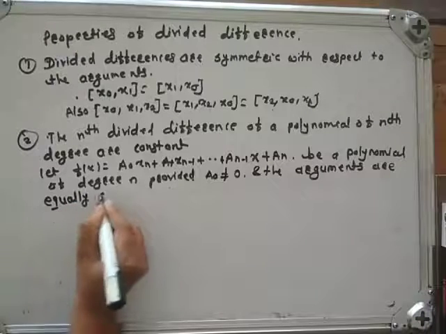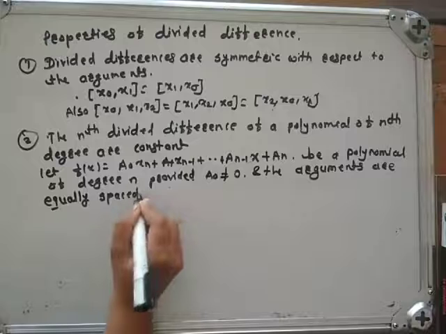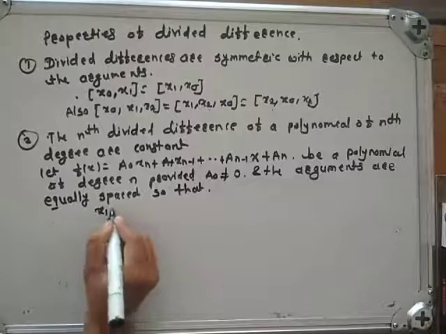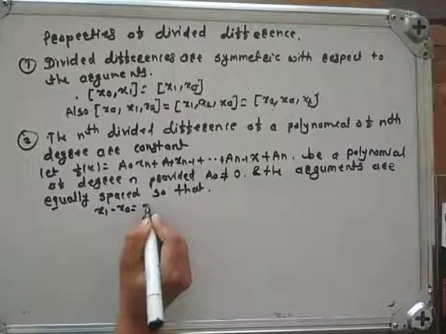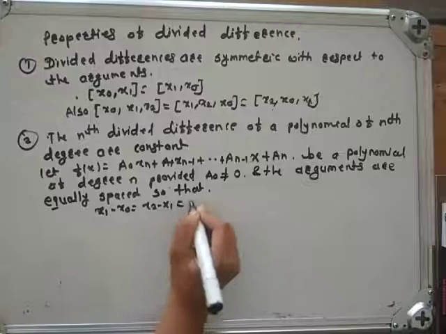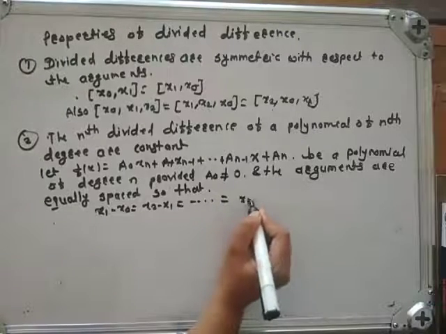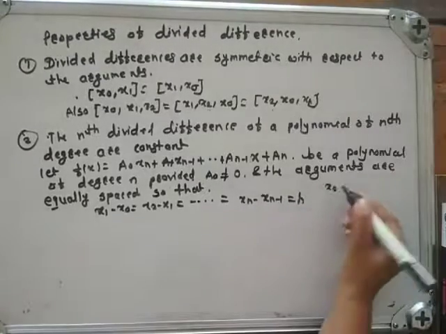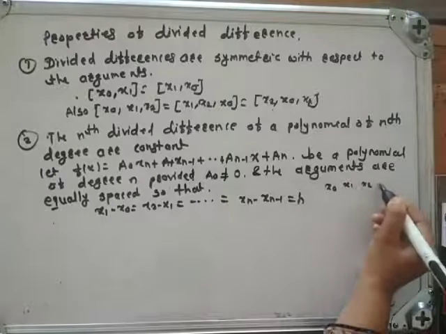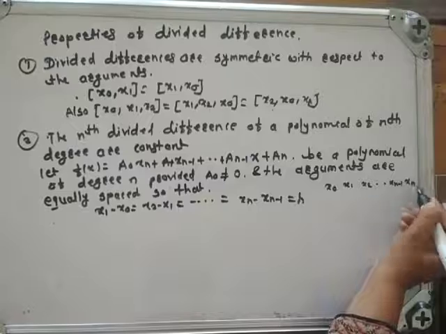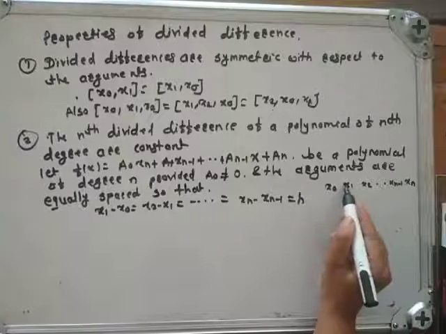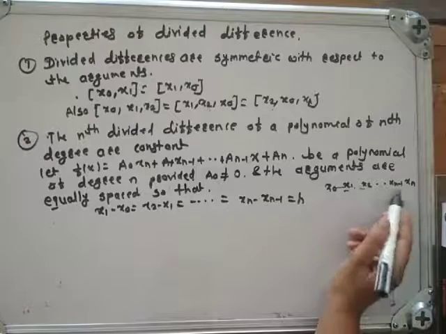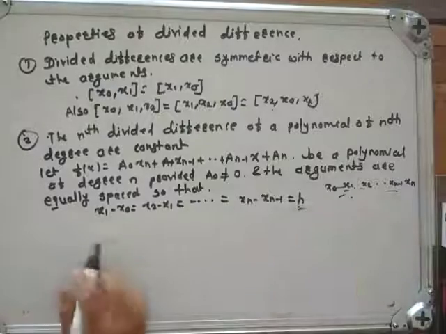Arguments equally spaced means x1 minus x0 equals x2 minus x1, and so on, equals h. Means if you have arguments x0, x1, x2 up to xn, then the differences x1 minus x0, x2 minus x1 are equal, and it is h.